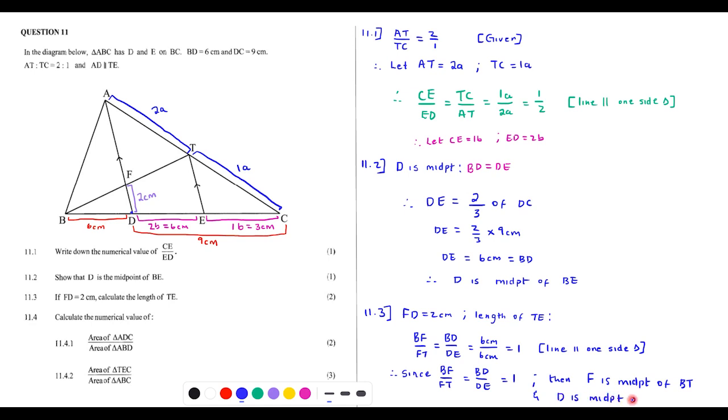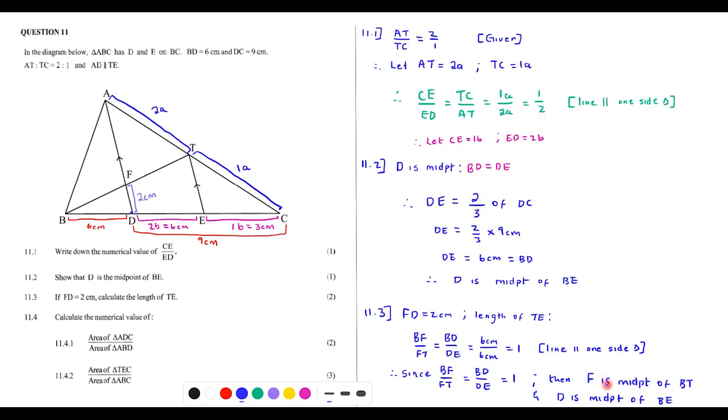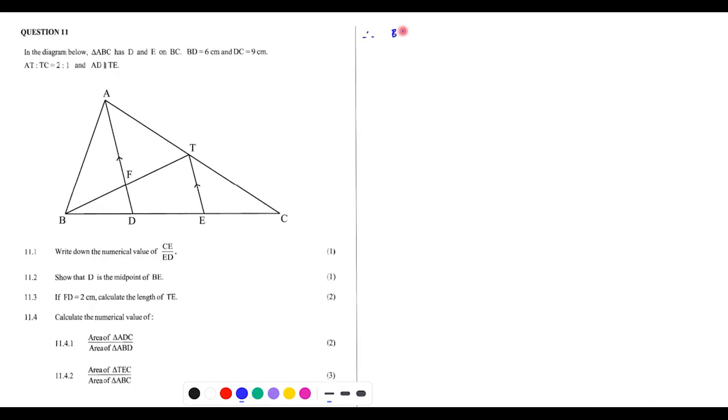of BE. Because they're both midpoints, F is a midpoint of BT and D is a midpoint of BE, it means that BF equals FT, whereas BD equals DE, which is what we basically know already.